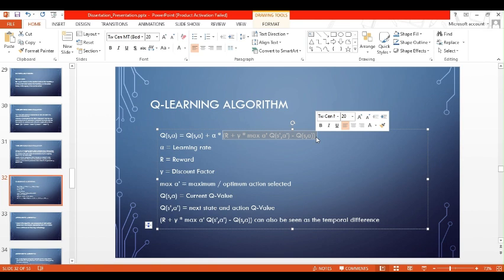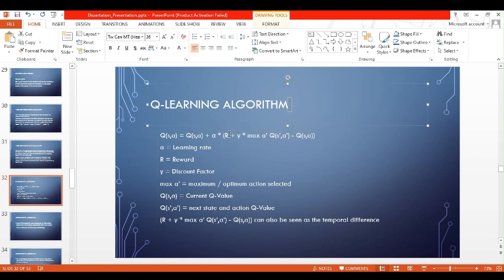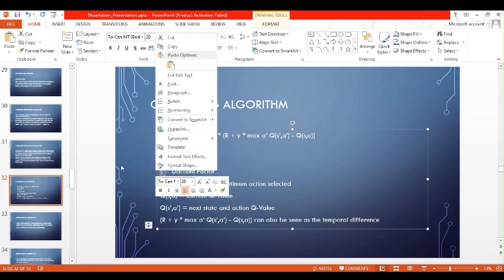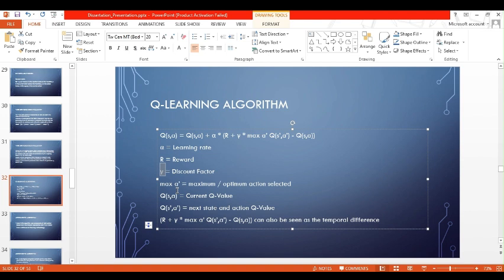So there's also a value within this formula which is called the learning rate, which defines how much learning the Q value can obtain. And we have the R as the reward, while this is the discount factor, as I have explained before. Then the max A is like the optimal value in a set of actions.